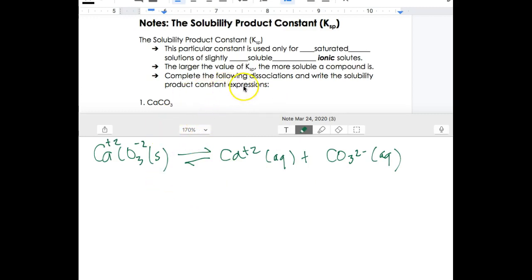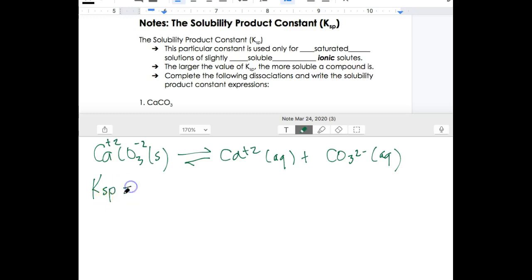It says here, complete the following dissociation and write the solubility product constant expression. So what that means is you're going to write KSP. I know we normally write EQ down here, but SP just means that it's more specific. It's related to solids that are soluble.